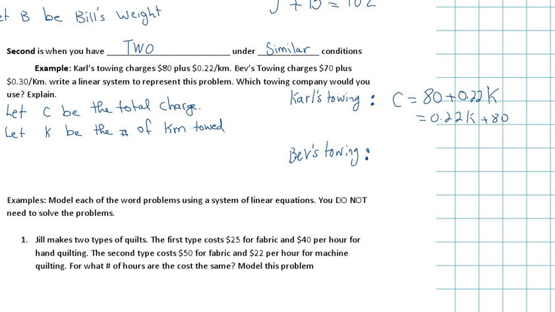We call that the initial value or the y-intercept. And then for every kilometer they're going to tow you, you're going to have to pay the 22 cents. Now, what would be Bev's towing? What would be the charge for Bev's towing? C equals 70 plus 0.3K.